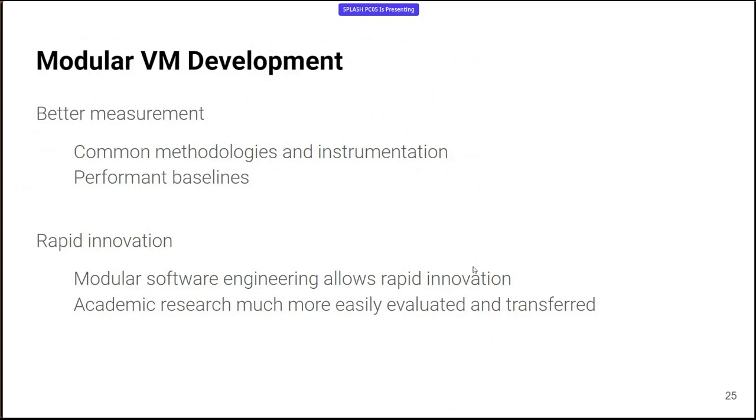Because then you have the real possibility that people say, yes, we want to invest in that. We want to support your research, because we can see it on our own workloads. It's not just showing up in the benchmarks in your paper, but it's something we can really see. So the ability for academic research to be translated directly into industry is a very powerful thing.